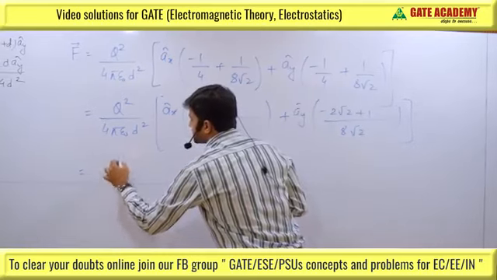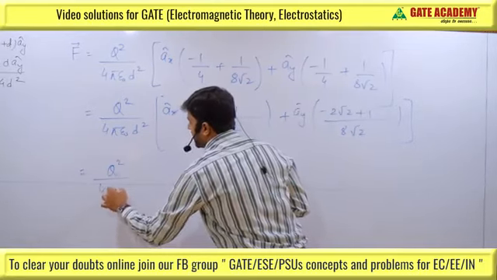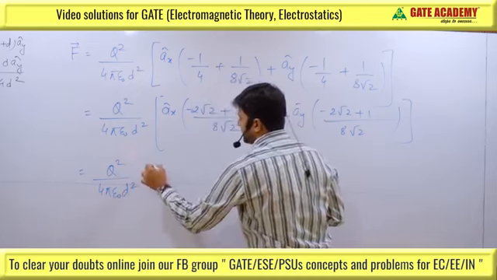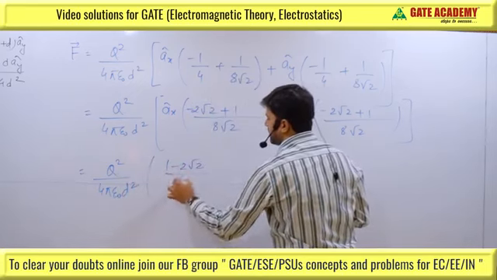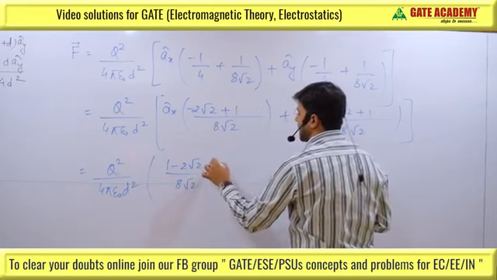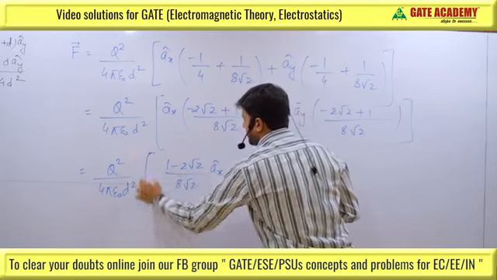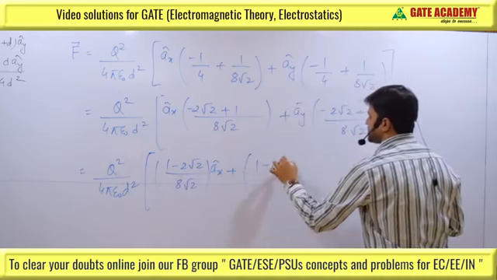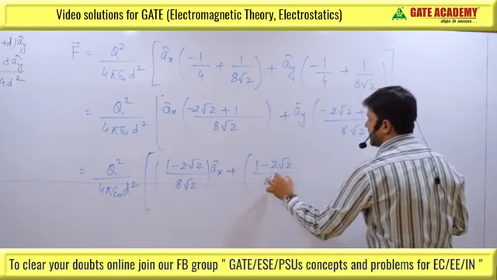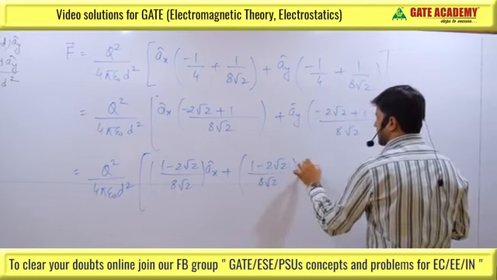So this is q square upon 4 pi epsilon naught d square, and (1 minus 2 root 2) upon 8 root 2 Ax cap, plus (1 minus 2 root 2) upon 8 root 2 Ay cap.